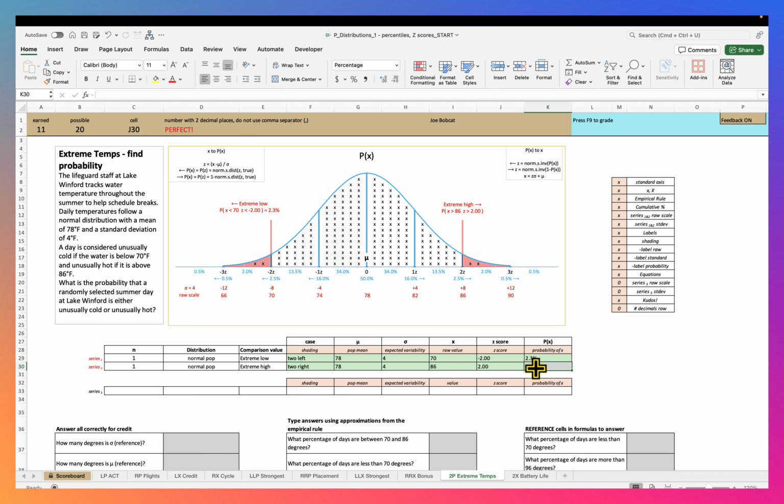And the probability is going to be equal to 1 minus norm.s.dist. And it's 1 minus because we're looking right. Okay, so we get 2.3% over here, 2.3% over here. And those are the extreme cold and extreme warm.